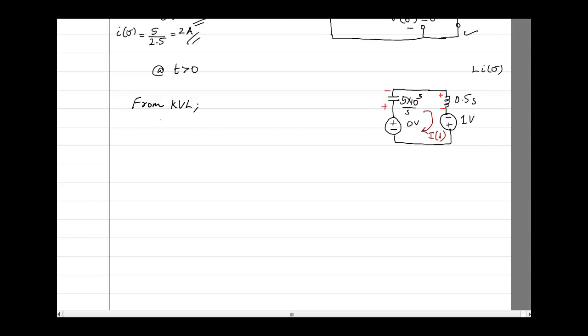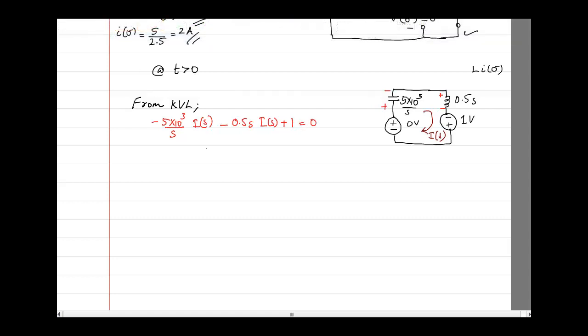So now if I'm going to write from front of the element, then I will be writing minus 5 into 10 raised to power 3 divided by s into I of s, minus 0.5 s into I of s, minus plus 1 volt is equal to 0.